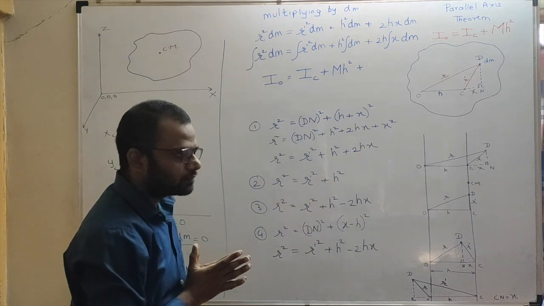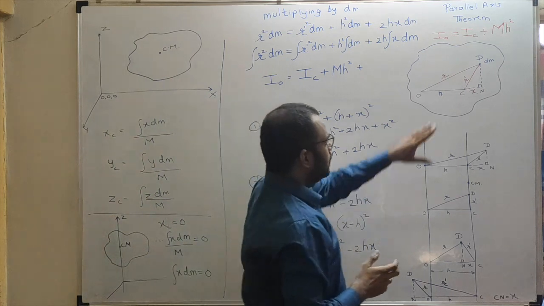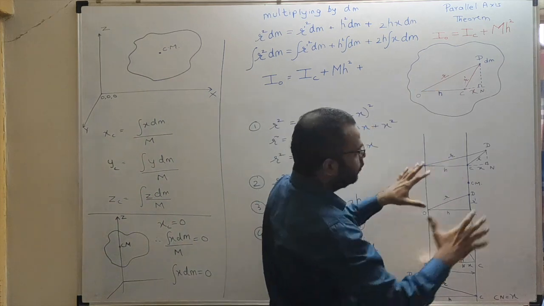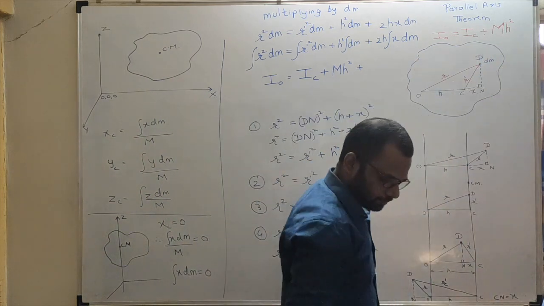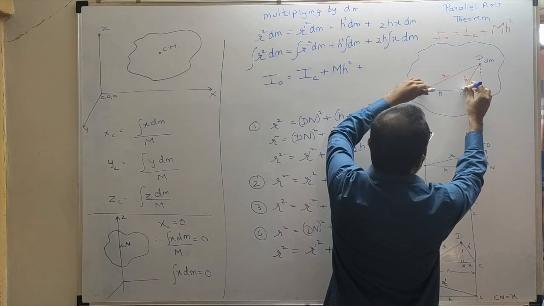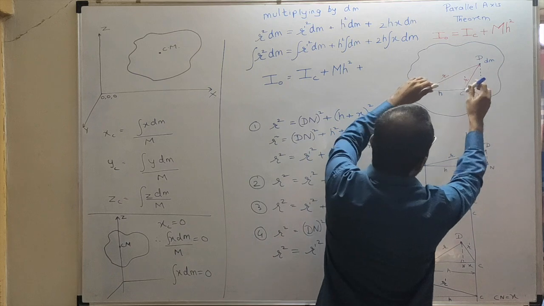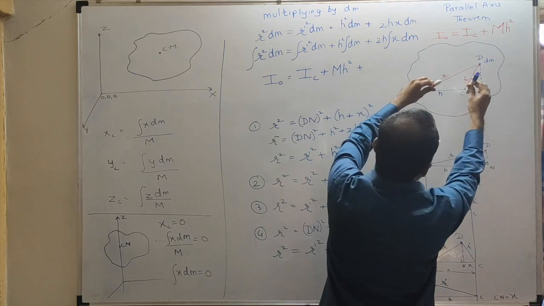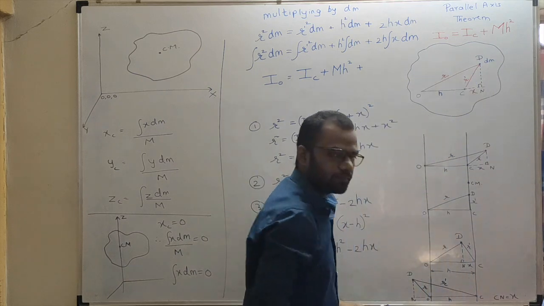Fine? Okay. So this is the diagram if you look from this view, right? In that case, this axis will be like this. But if you look at this diagram from the bottom view, the axis will look like this. Right?